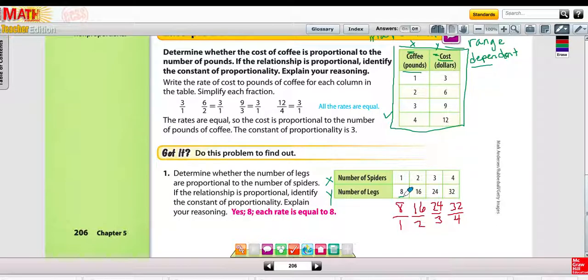So in this case, 8 divided by 1 is 8, 16 divided by 2 is 8, 24 divided by 3 is 8, and 32 divided by 4 is 8. It makes sense because spiders consistently have 8 legs. So in this particular problem, is the relationship proportional? Yes, it is. The constant of proportionality is 8, and your reasoning is each rate is equal to 8.